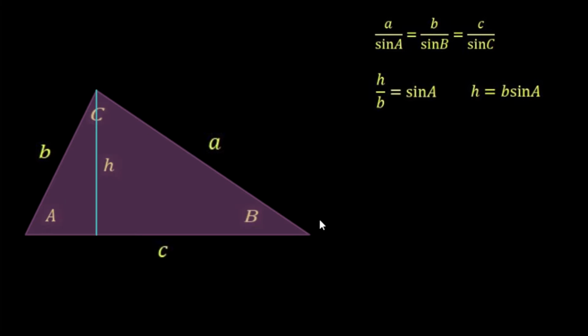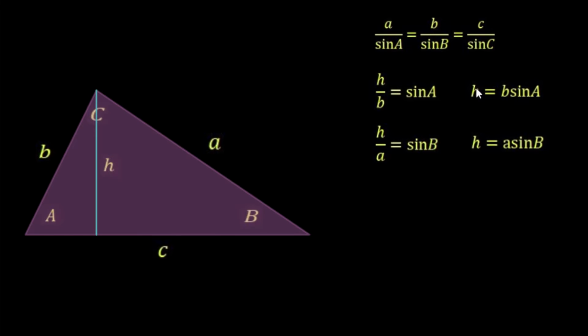And that means that this length here is the hypotenuse. So we can say that h upon a is the opposite over the hypotenuse, which is the sine function. So we could say that h upon a is equal to sine of B. And we could rewrite that as h is equal to a sine B.